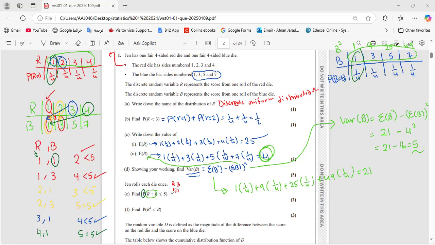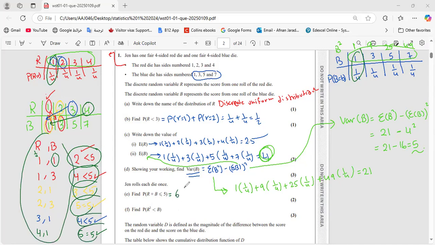So the probability that R plus B is less than or equal to 5 equals how many outcomes? 1, 2, 3, 4, 5, 6. 6, okay?